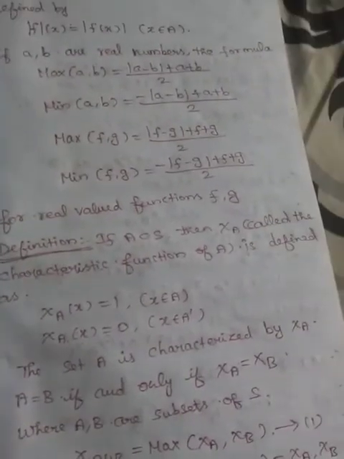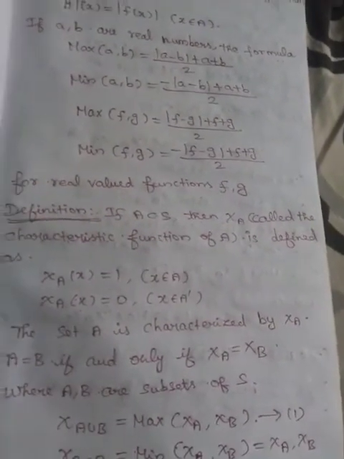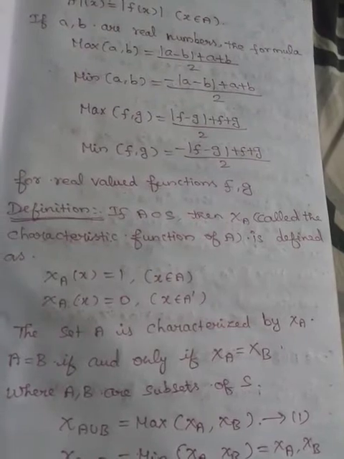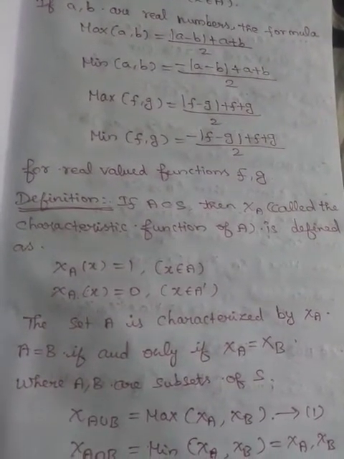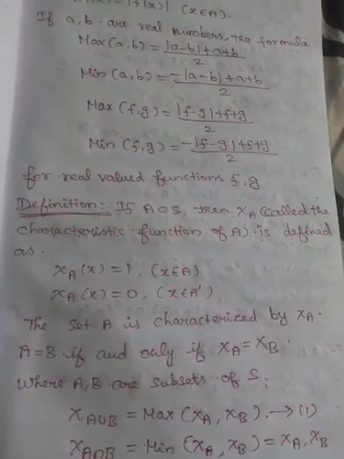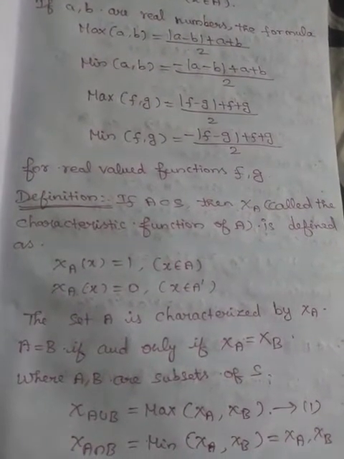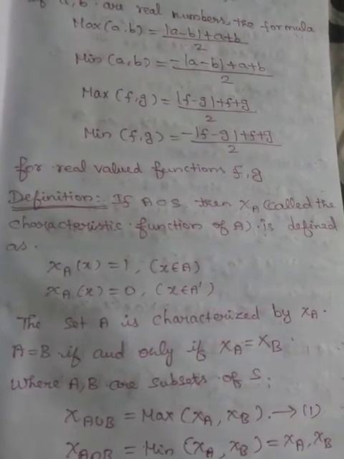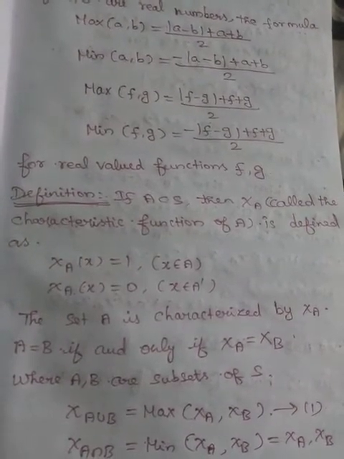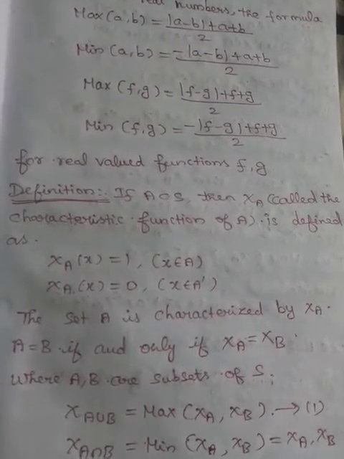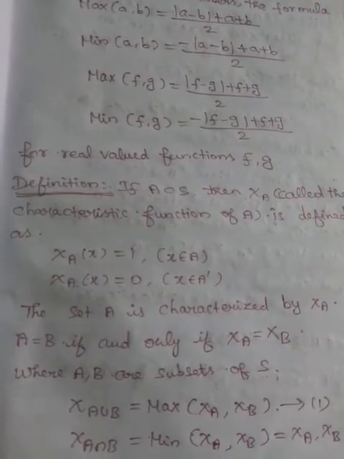Next definition: if A is contained in S, then ζ_A, called the characteristic function of A, is defined as ζ_A(x) = 1, x belongs to A, and ζ_A(x) = 0, x belongs to A'.